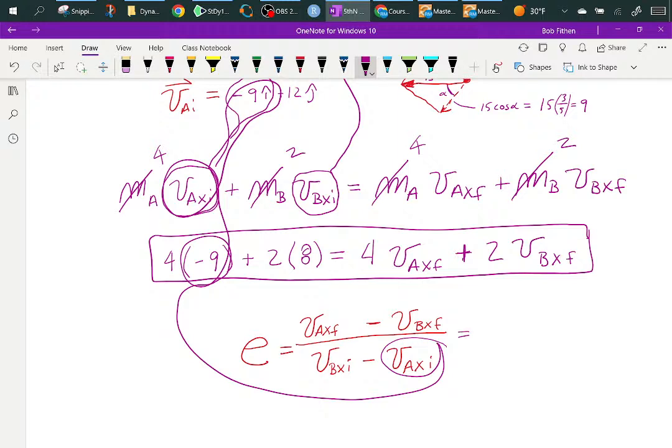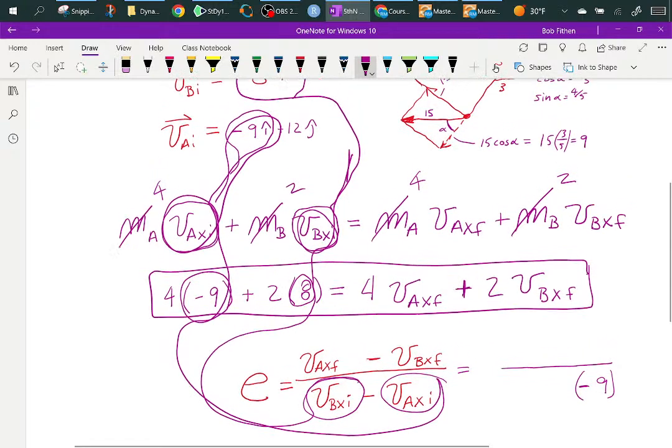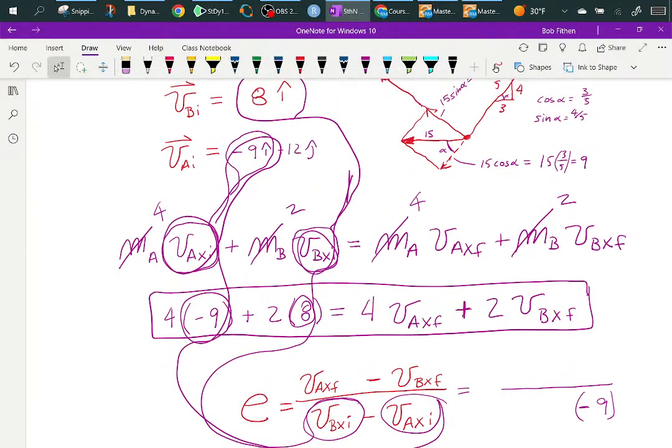I'm going to start filling this out. Minus 9. This term is the same as that term, which becomes 8.